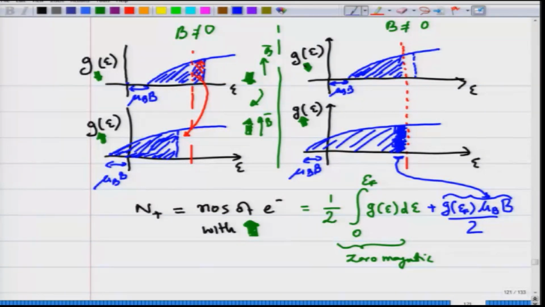And similarly, this many number of electrons are being lost from the density of states for the electrons with magnetic moment down.